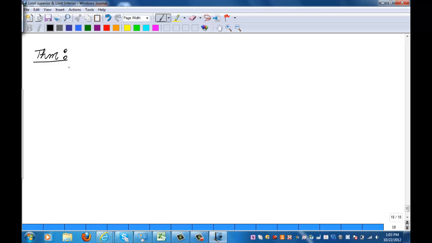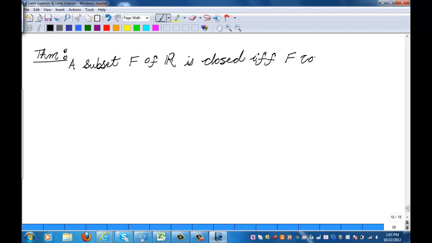A subset F of R is closed if and only if F contains all of its cluster points.